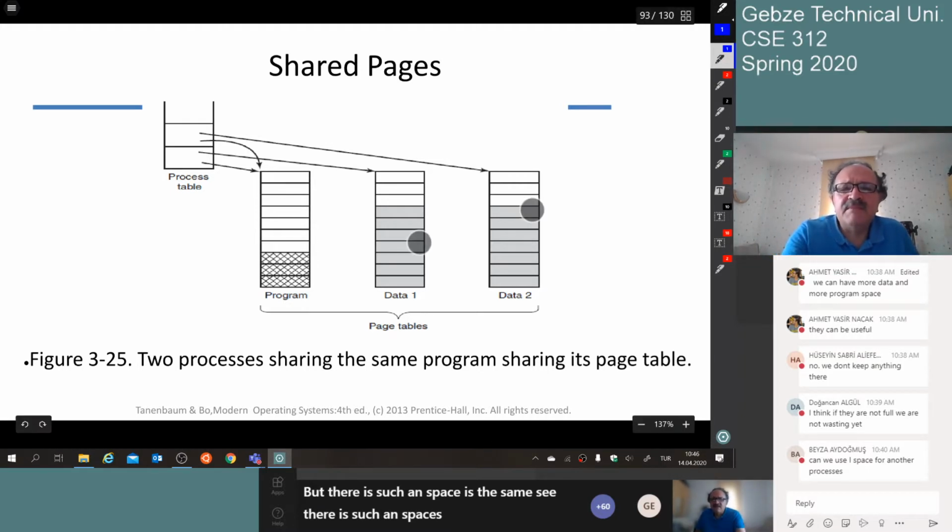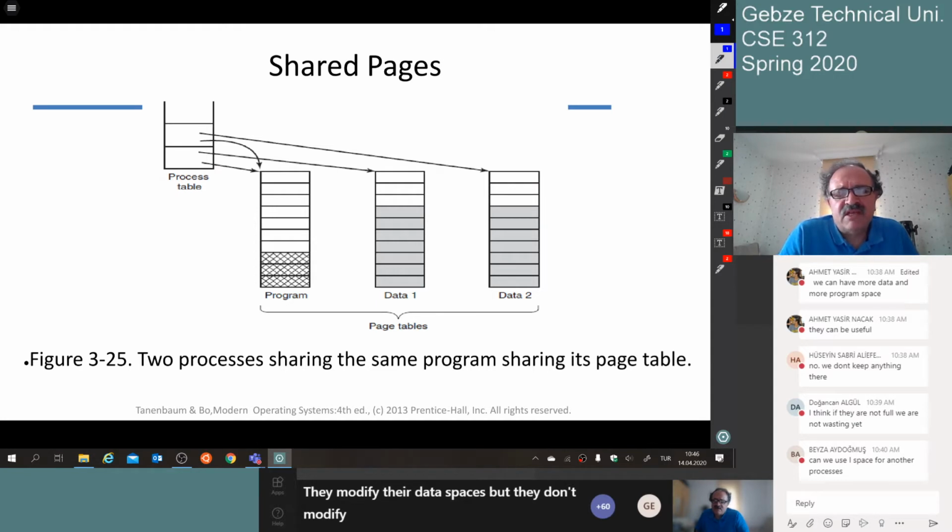Their data spaces are different because they modify their data spaces, but they don't modify their instruction spaces because instructions are fixed. So if I had this option of shared pages, then I would share my instruction pages with all the processes that I have forked. So this is the idea of shared pages.